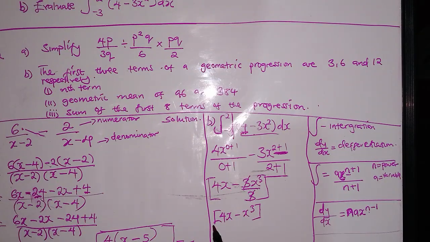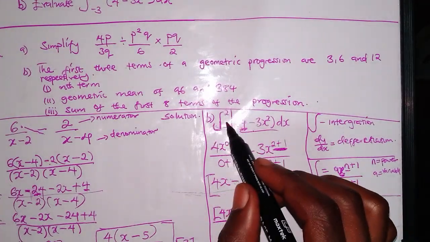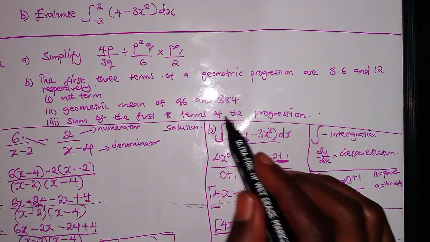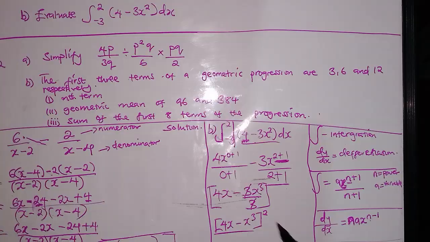Then once you reach here, remember the question has not finished. The question is saying evaluate. We have to solve for an answer. So now you can go back to this part which you left, which is 2 and negative 3, and you write it here. Why are we writing this here?